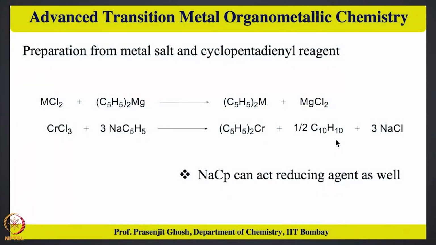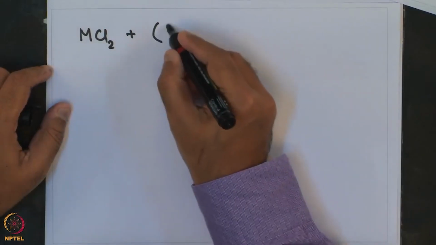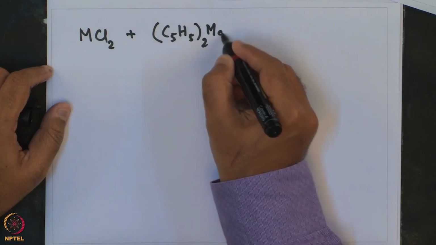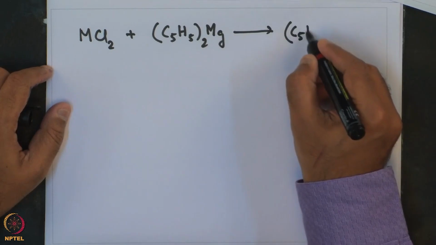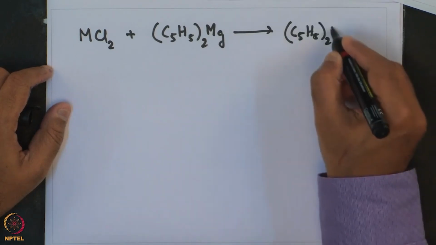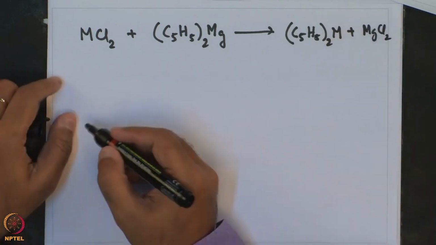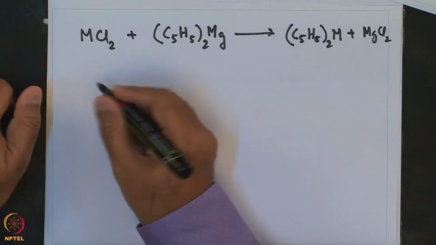Similarly, dimethyl magnesium or di-Cp magnesium can also be used for such synthesis. For example, MCl2 plus Cp2Mg giving Cp2M plus MgCl2. This is very similar to the reaction we had just seen in the earlier discussion.